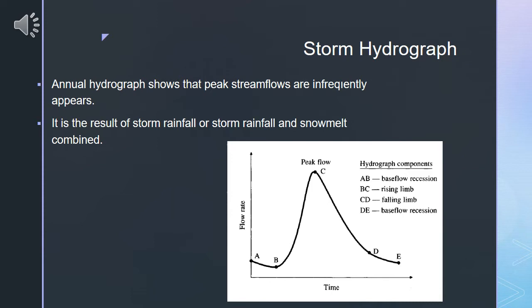From B to C, the intensity of the flow rate is getting higher, that's why it's rising. When the precipitation is done, the flow rate starts to decrease, that's why it's called the falling limb.